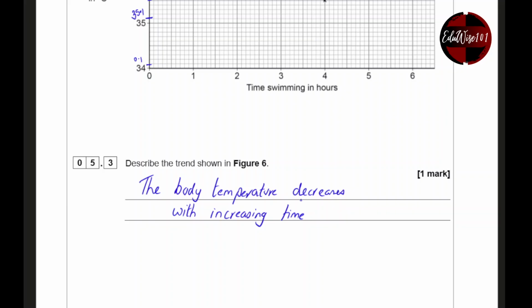Now, the main word that we are looking for is, have you stated that it's actually decreasing? But you have to describe it. So you have to compare the body temperature with the time. Hence, these two parts of the answer are also important.